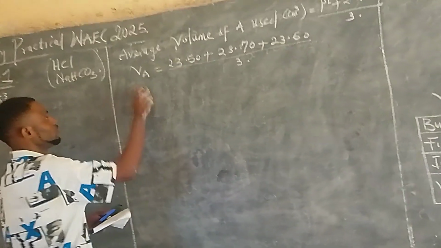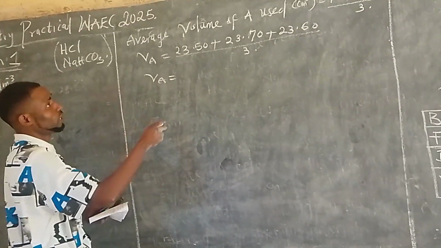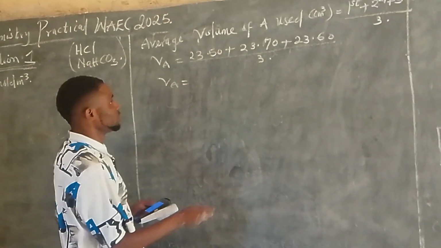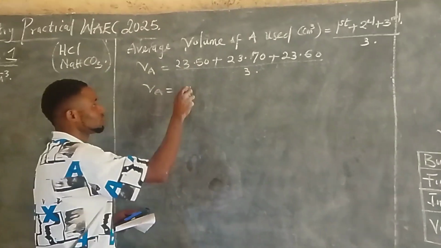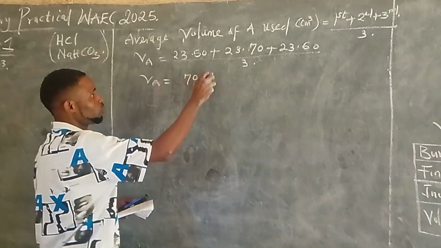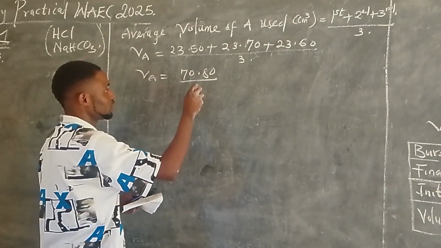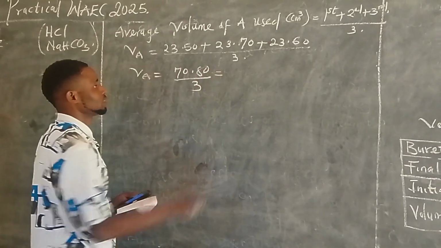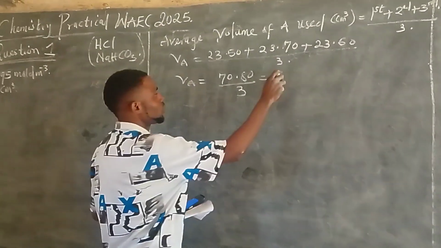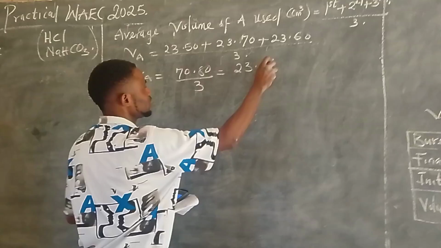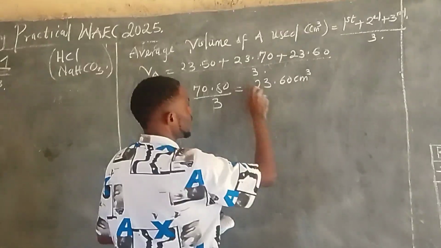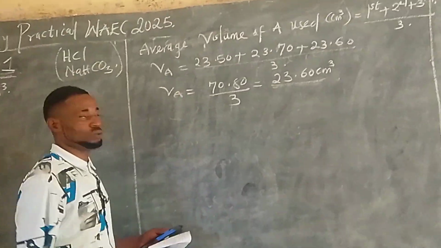Now VA, that is the volume of acid or A used, is the addition of the 3, which gives 70.80 over 3, if I'm right. Now divide this by 3, we have 23.6 cm cube as my average titer value.